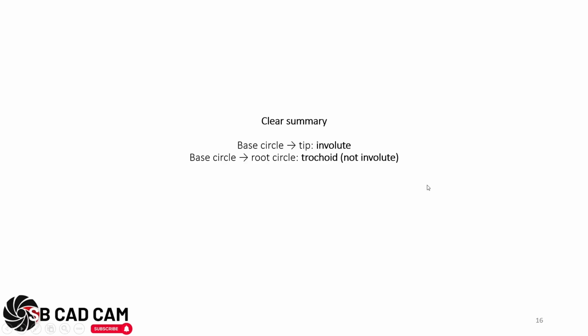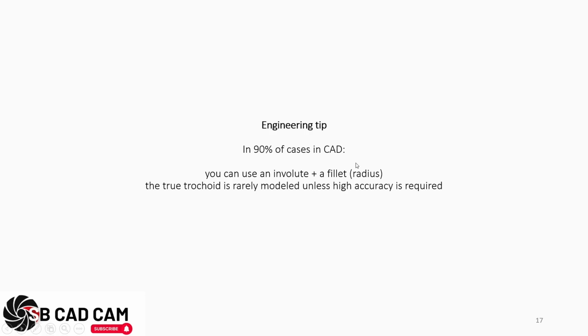So a clear summary: from the base circle to the tip circle, it is an involute. From the base circle to the root circle, it is a trochoid, not an involute. And I will give you an engineering tip.